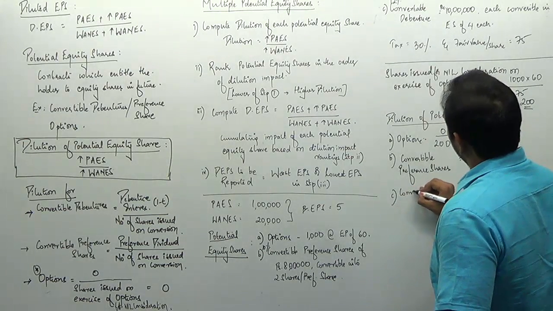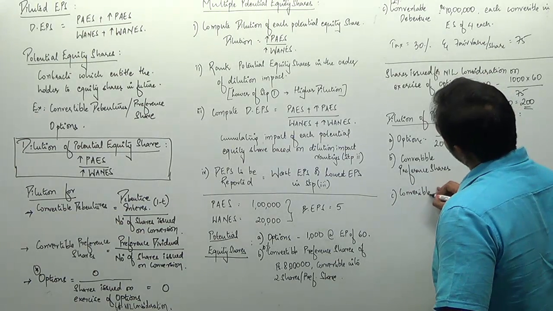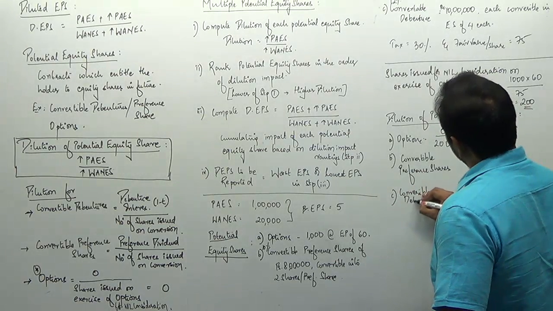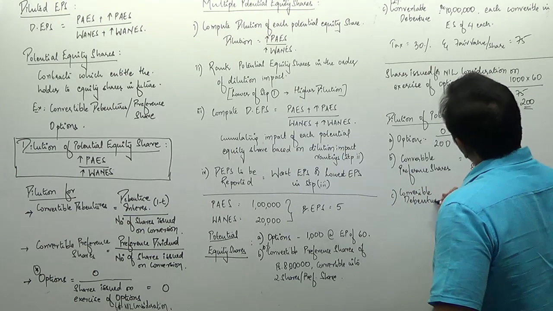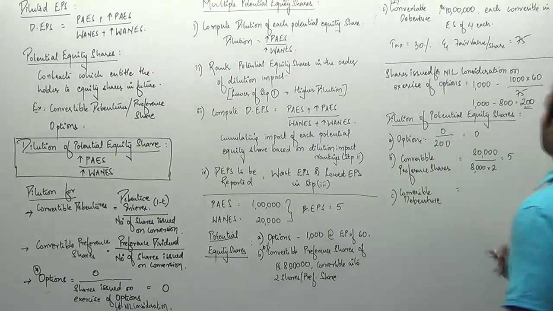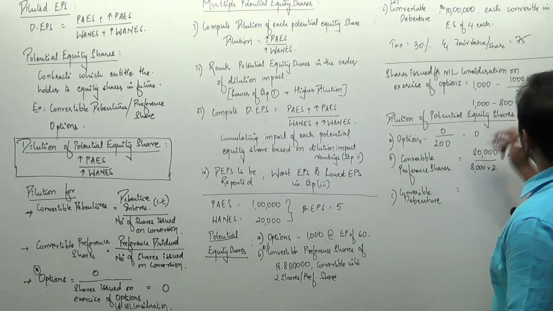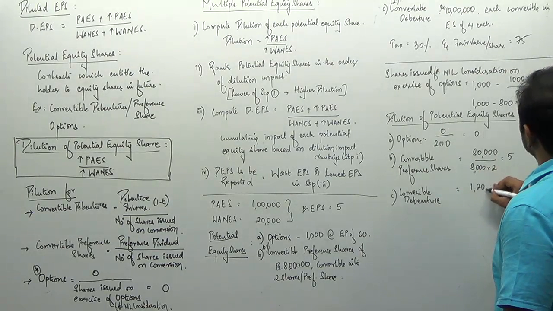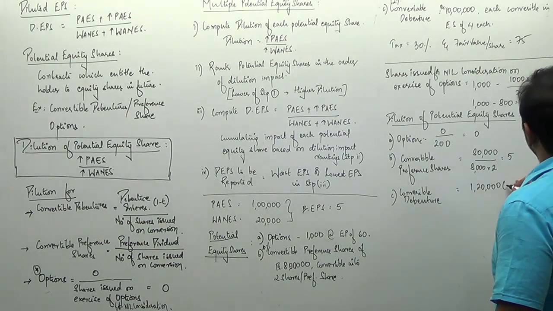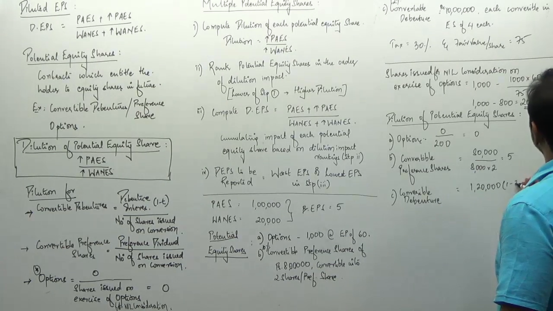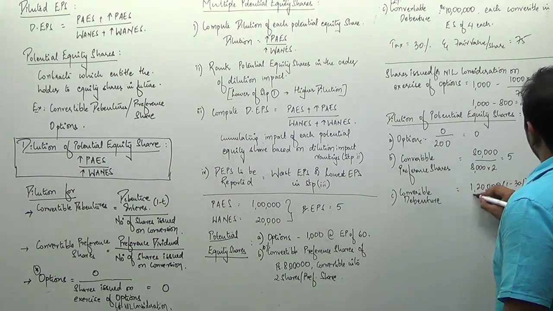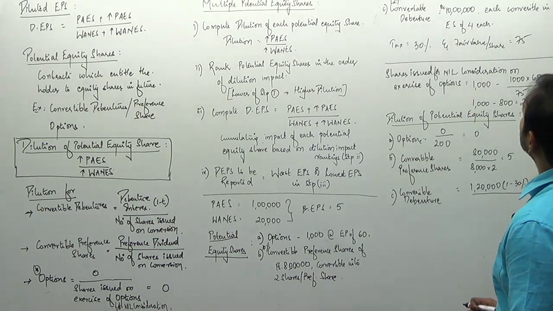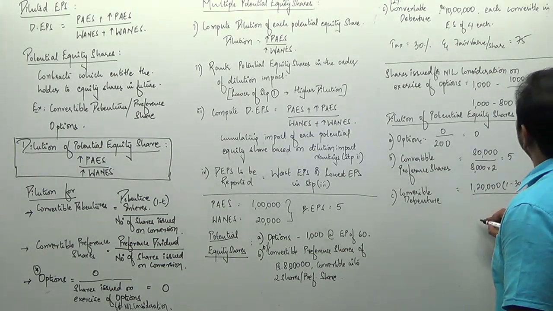Then for convertible debentures, each debenture has a face value of 100 again. So 12% of 10 lakhs is 1,20,000 into (1 minus 30% tax), divided by each one carries 4 equity shares.